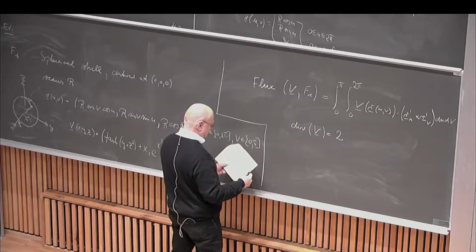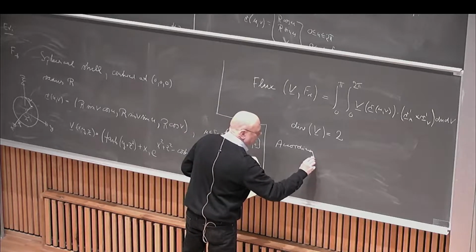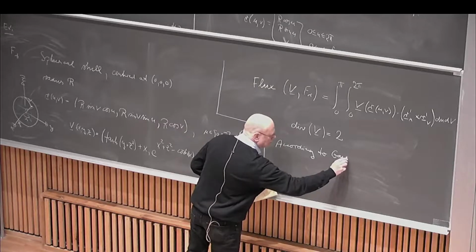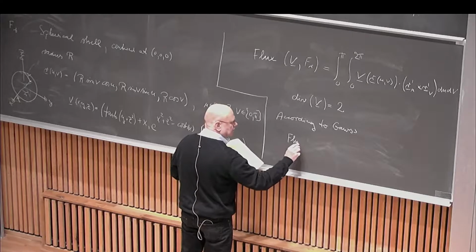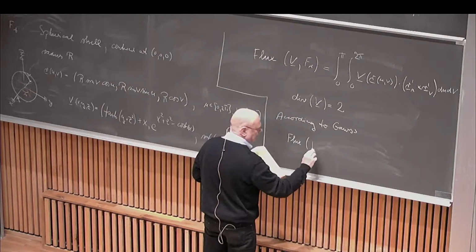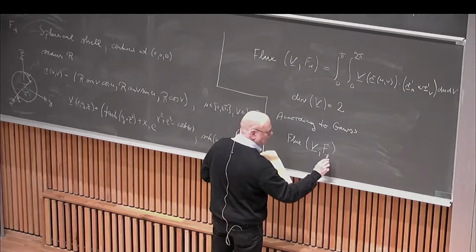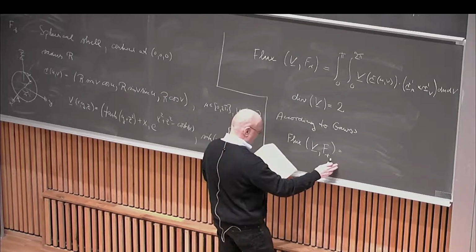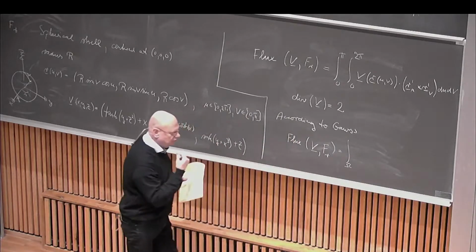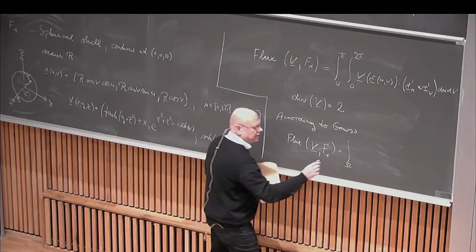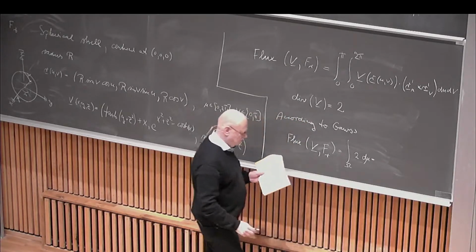So according to Gauss, we get that the flux of V out is equal to the volume integral, that is, you integrate over the whole volume the divergence, which is 2, and then d mu.